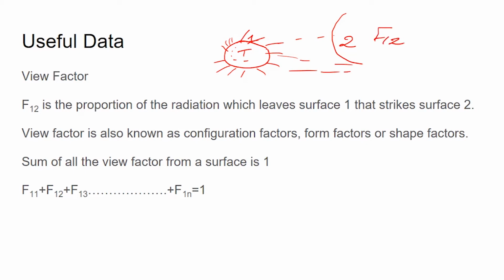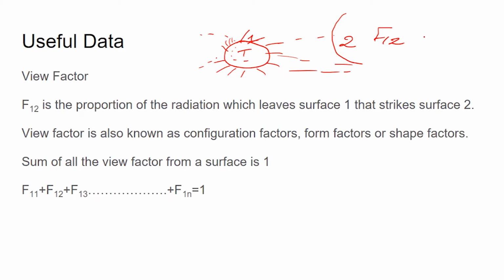In this case, not all the radiation from 1 reaches surface 2. Some radiation goes in the other direction, so it is not complete.